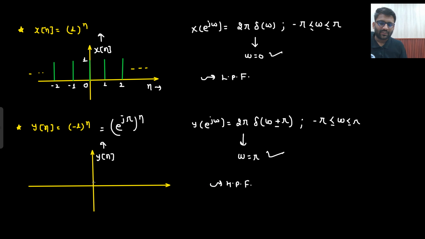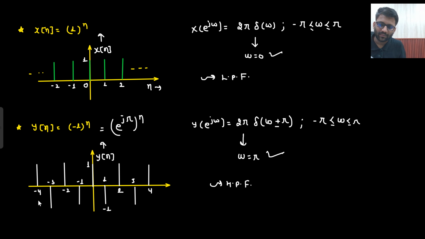At n equals 0 you will get plus 1. At n equals 1 you will get minus 1. At n equals 2 you will get plus 1. Then minus 1, plus 1 and minus 1. And similarly here as well: minus 1, plus 1, minus 1, plus 1, and so on. For n equals 1, 2, 3, 4 and minus 1, minus 2, minus 3, minus 4.